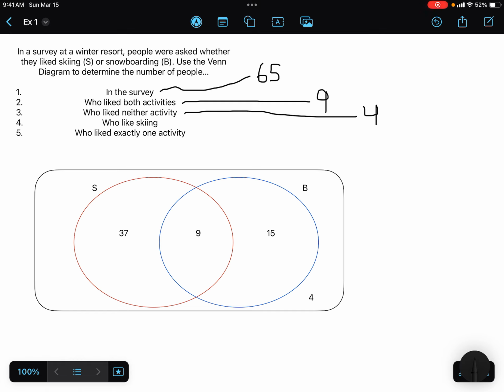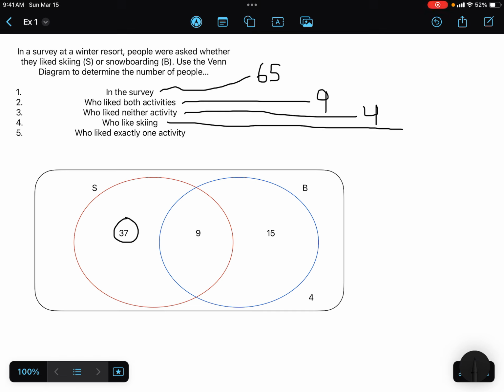The people who like skiing. Now, this highlights something that we have to be careful of when working in Venn diagrams. It would be easy to say, oh, the people who like skiing, there we go, that 37. Well, that's only part of the answer, because when we ask a question that only names one of the conditions, it doesn't say the people who only like skiing. It's the people who like skiing, whether or not they also like snowboarding.